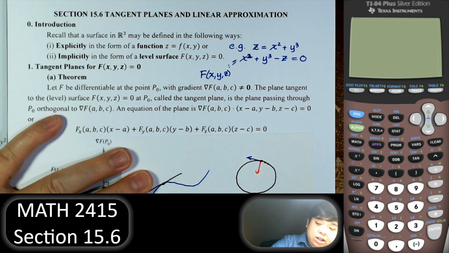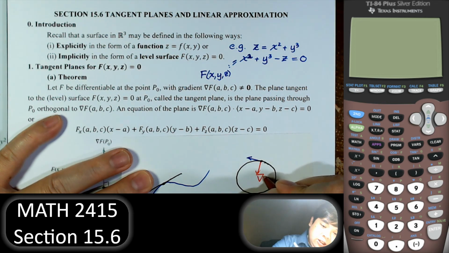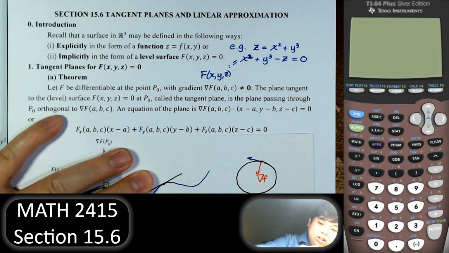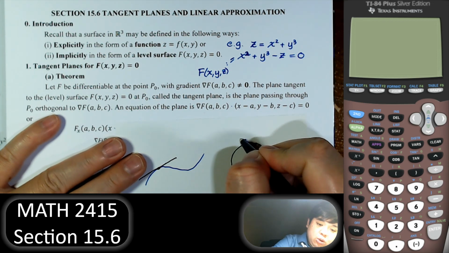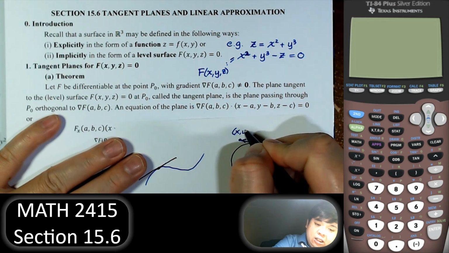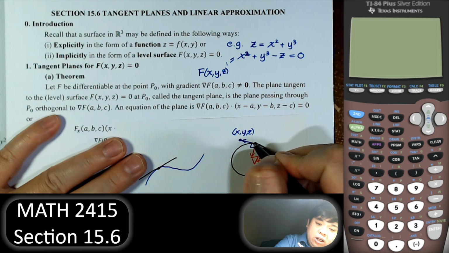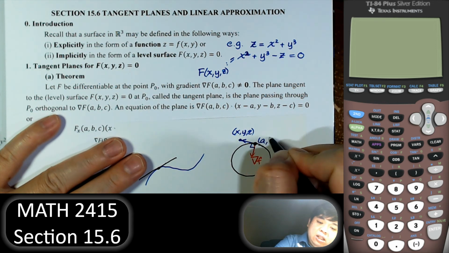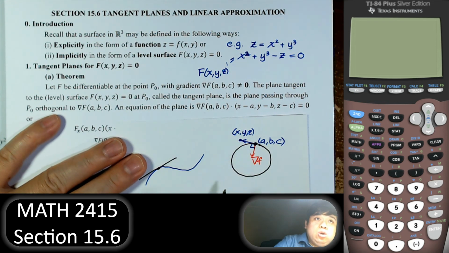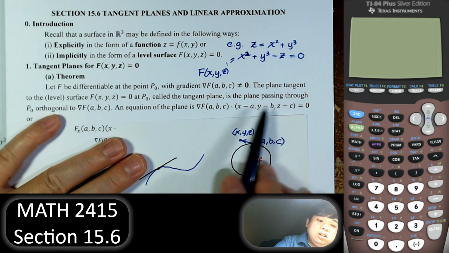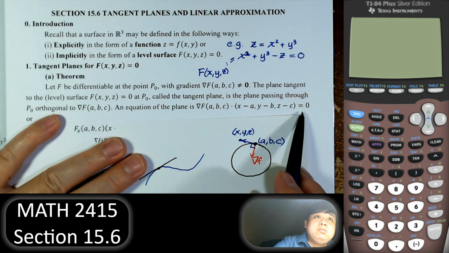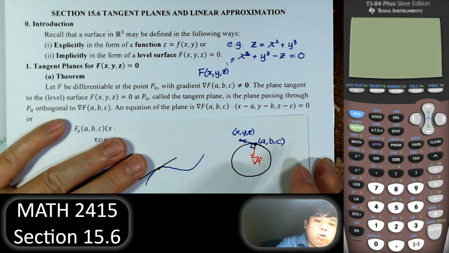So this is the gradient, it is orthogonal to the tangent vector, and the tangent vector is given by x minus a, y minus b, and z minus c, simply because we have a point x, y, and z, and the point here we know is a, b, c. So subtracting the 2 points, we have the vector dot with the gradient must be equal to 0 because they are orthogonal.